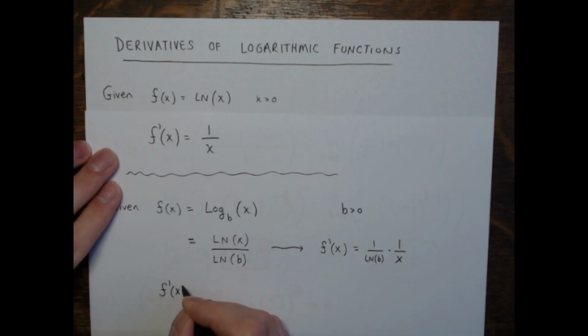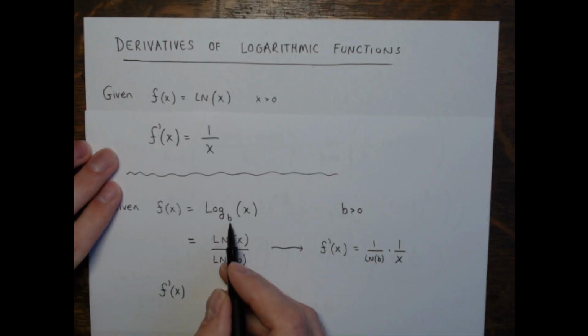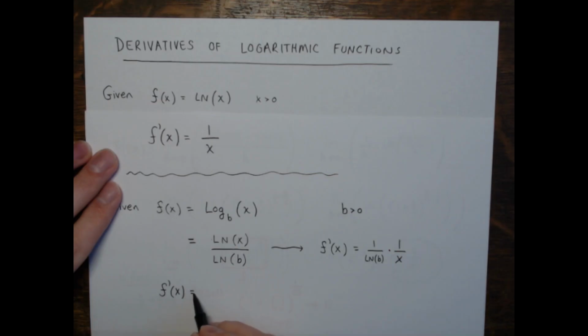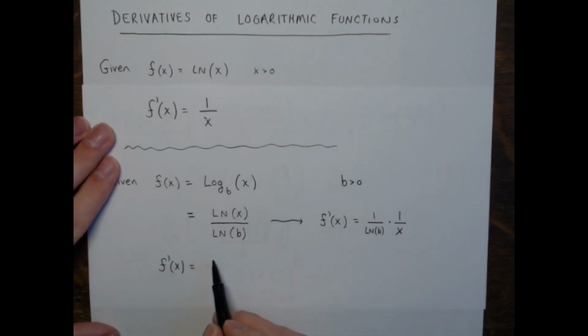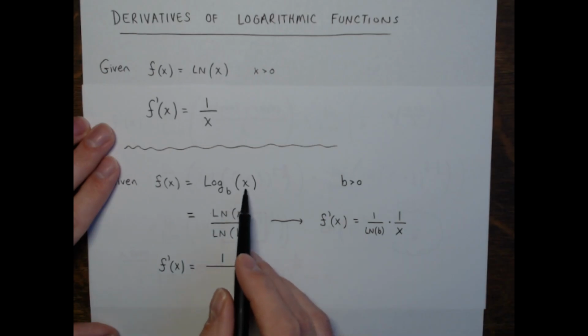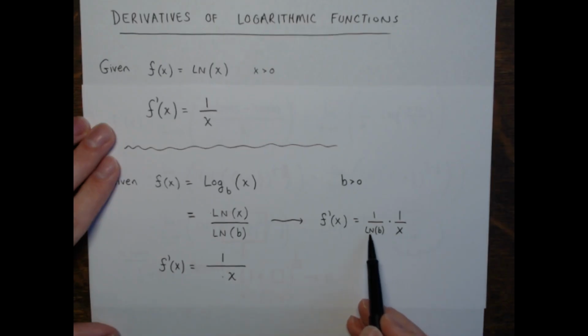So if you're given a logarithm of any base, not just base e, say base b, its derivative is 1 over the expression inside, the value of x, but then there's also this factor of natural log of the original base down here in the denominator, times the natural log of b.